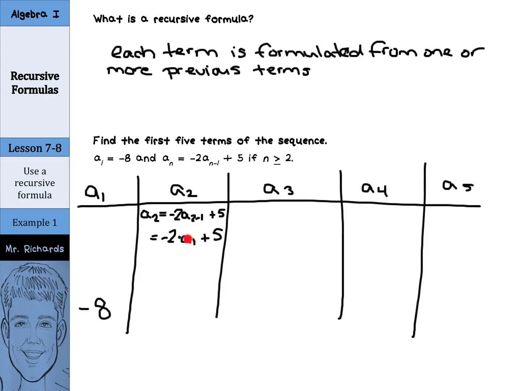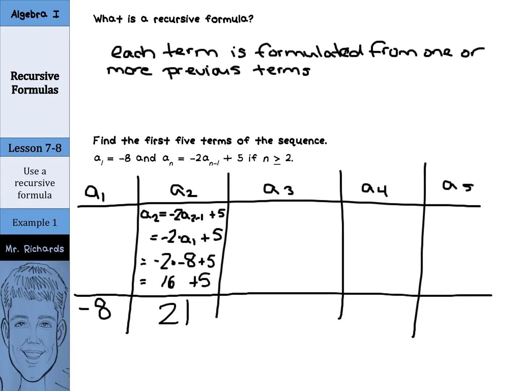Well, A1 represents our first term. So to find the second term, -2 times the first term plus 5. So -2 times the first term, which was -8, plus 5. -2 times -8 is a positive 16, plus 5. And 16 plus 5 is 21. So our second term is 21.